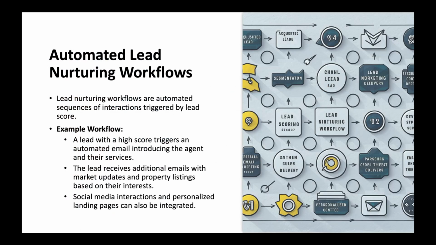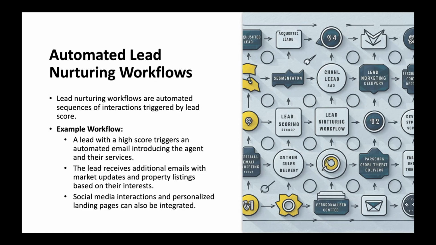Now, with automated lead nurturing workflows, what this looks like is a lead with a high score will trigger one particular type of automated email. So this email would introduce you as the agent and introduce your services. And then the lead receives additional emails with more updates, more listings, all things around the information you've gathered on their interests.